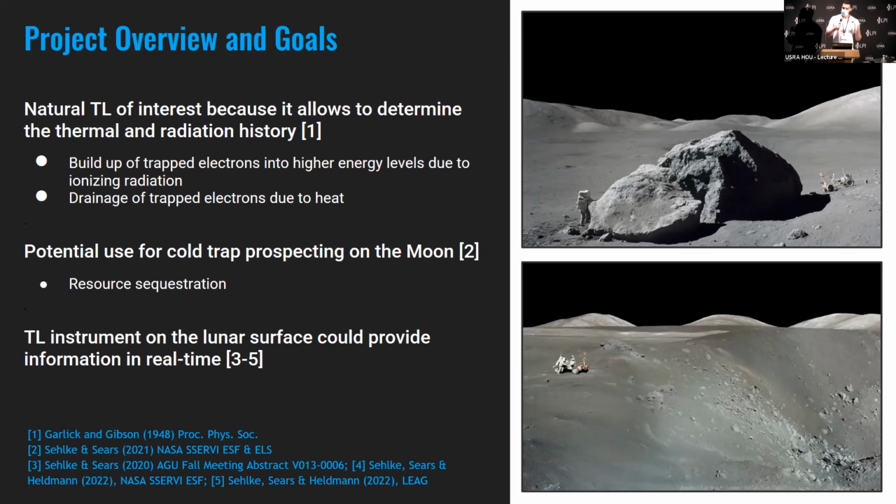Understanding this can tell us something about the thermal history on the moon, and with it, where volatiles would be stable, especially over the long term, millions of years. So resource sequestration is important, and we think that we can connect TL to that.